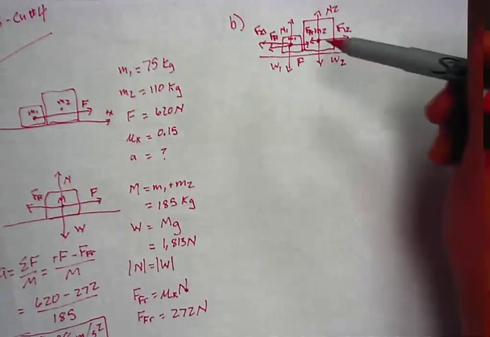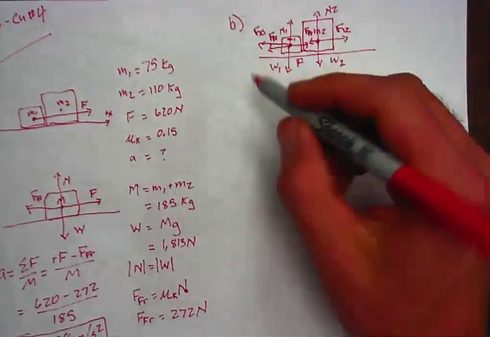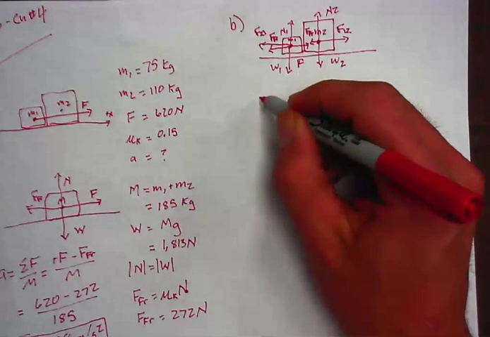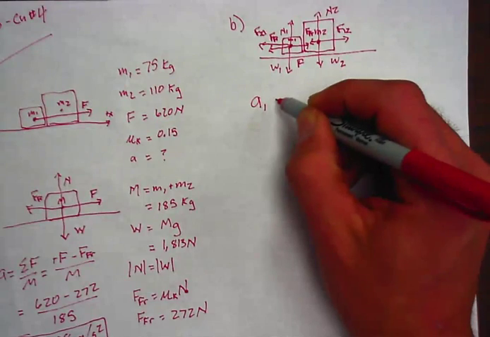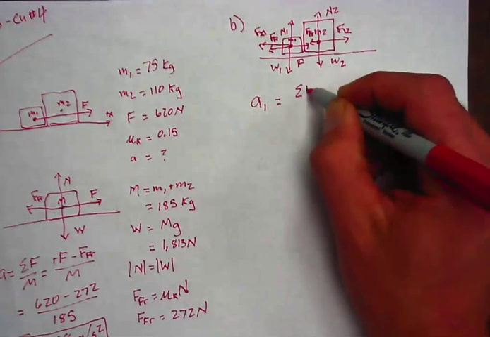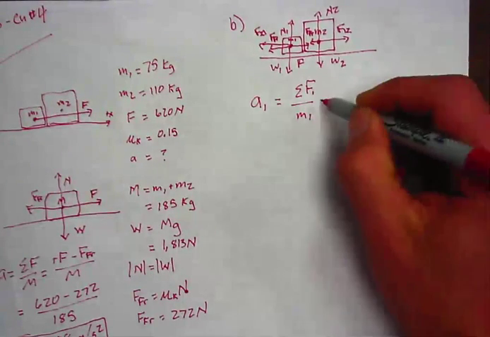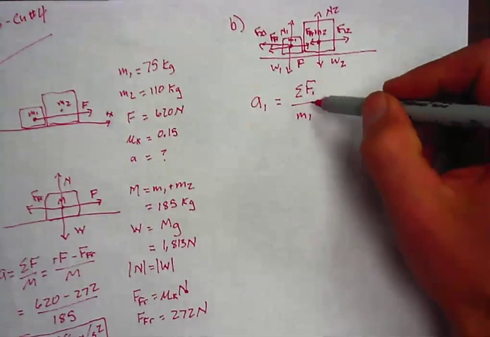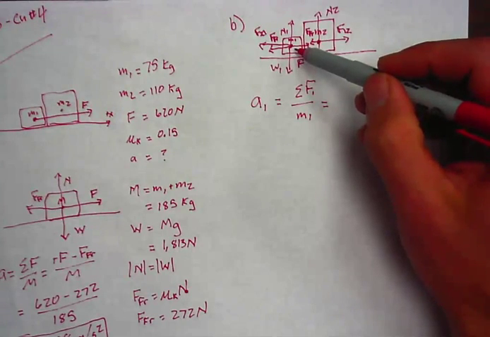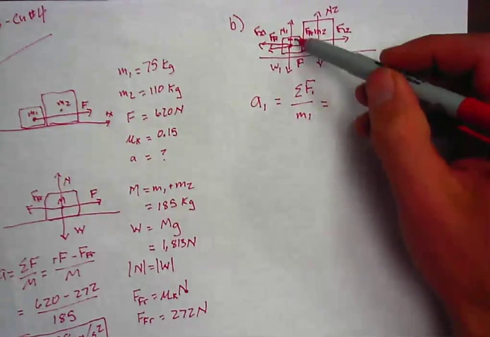All right. So let's look at box 1. The acceleration of box 1 should be the net force acting on box 1 divided by the mass of box 1. Well, what is the net force acting on box 1? The normal and the weight should cancel each other out.